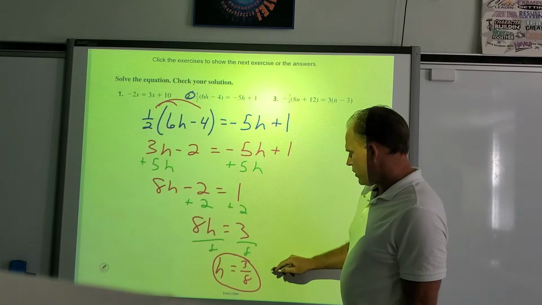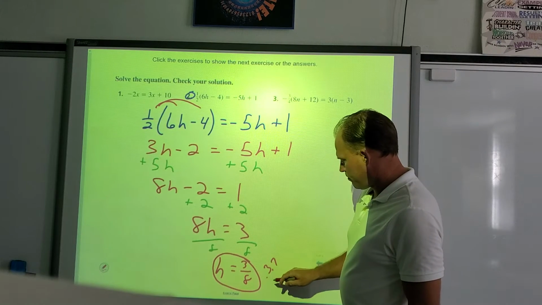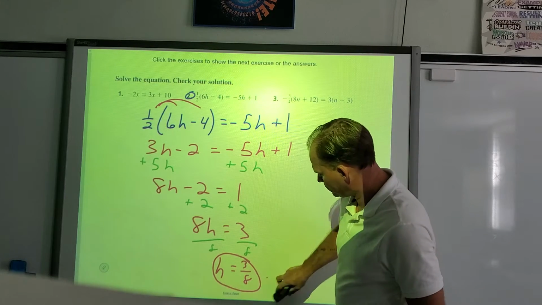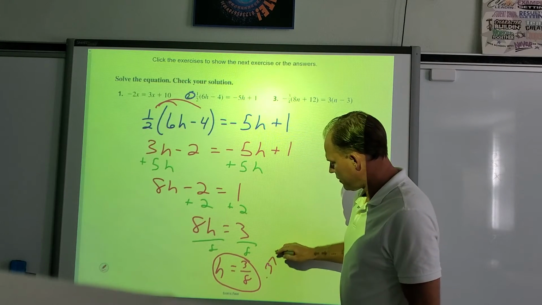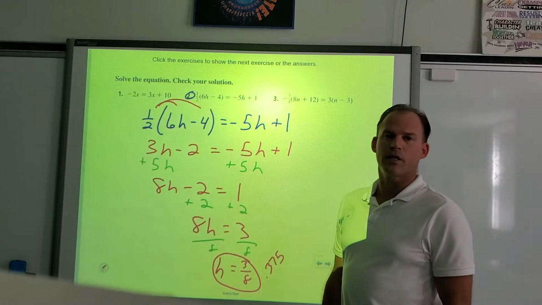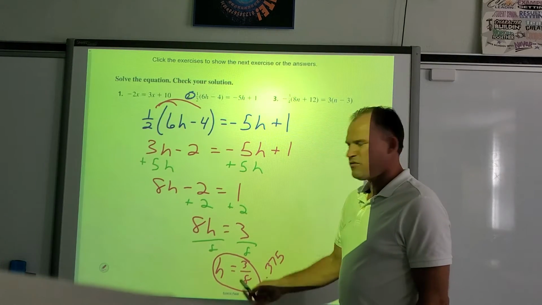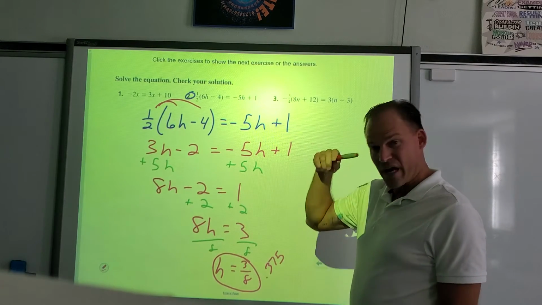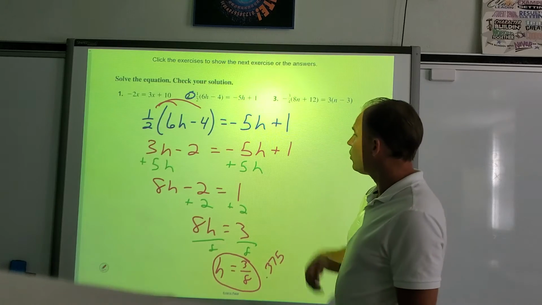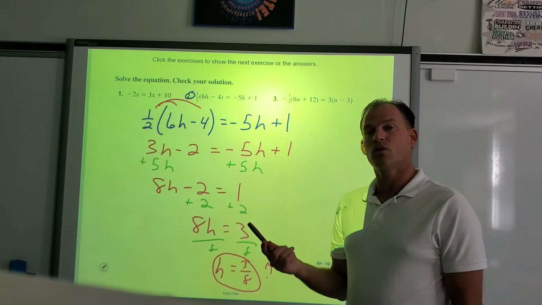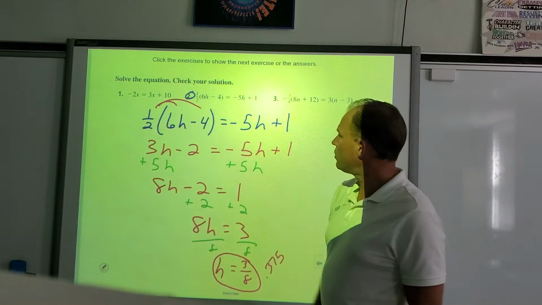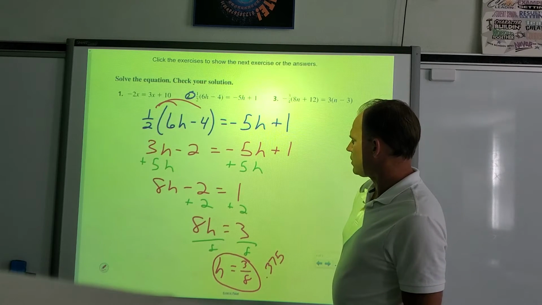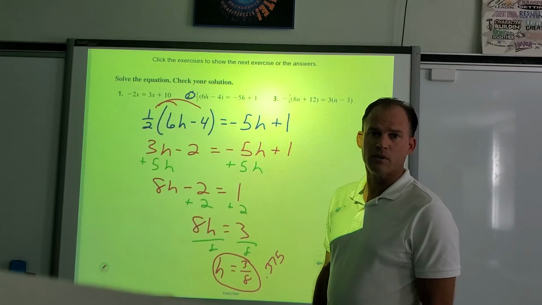If you put this into a calculator, you get 0.375. Fractions, I like fraction answers. So if you don't like that answer and you're not quite sure if that's the right one, you go back up to the top and you plug in 3/8 for h on both sides of the equation to see if you did it correctly. Questions, comments, or issues?